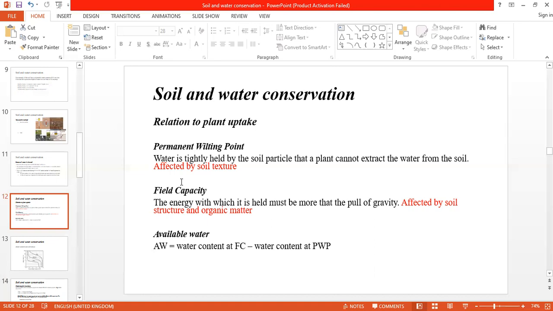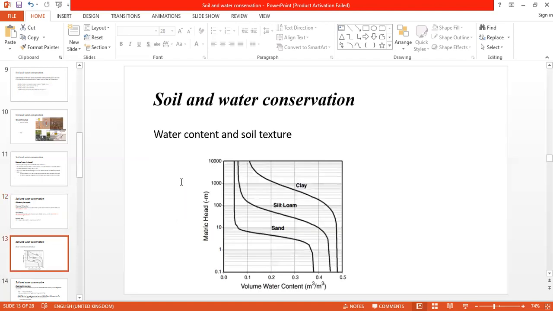Below that, they won't use it because it's held by the soil particles. Above that, it will be draining to groundwater. So available water is within those two parameters.